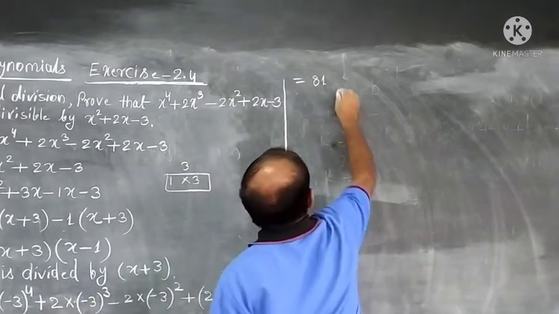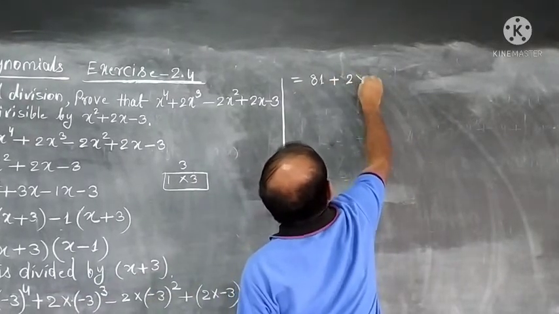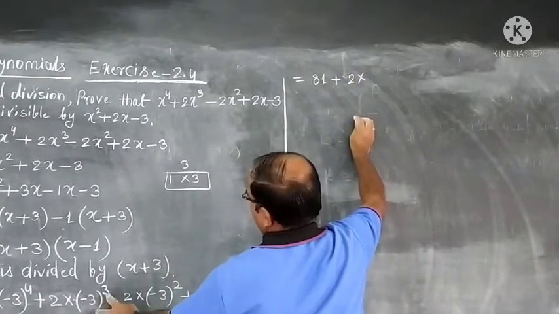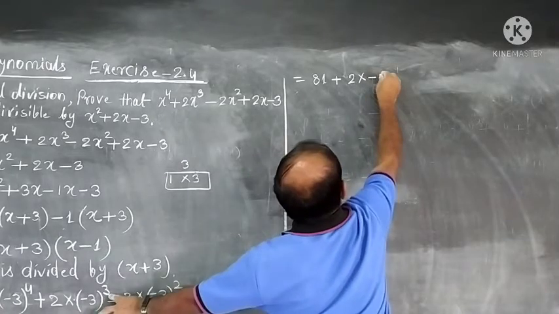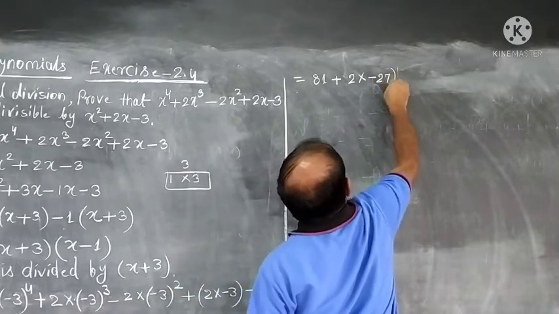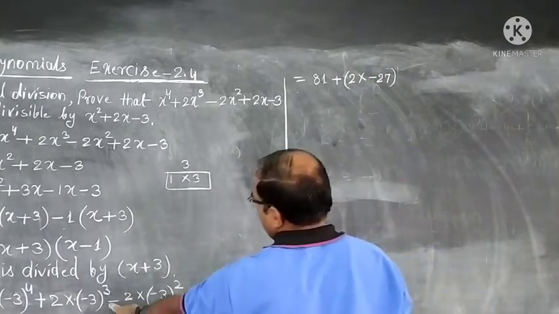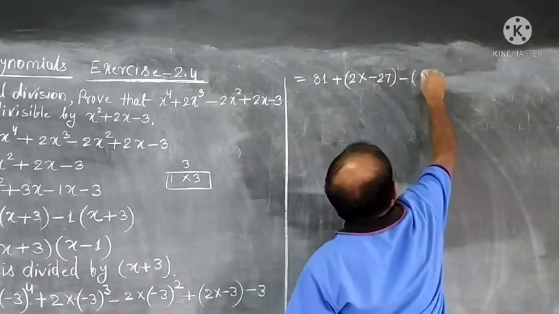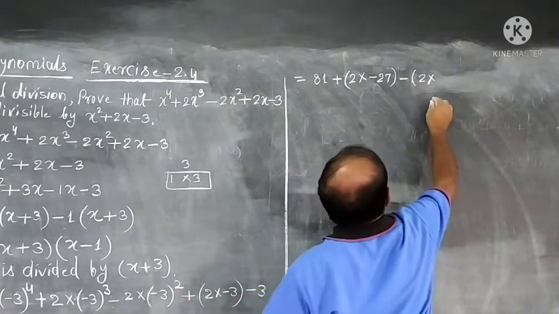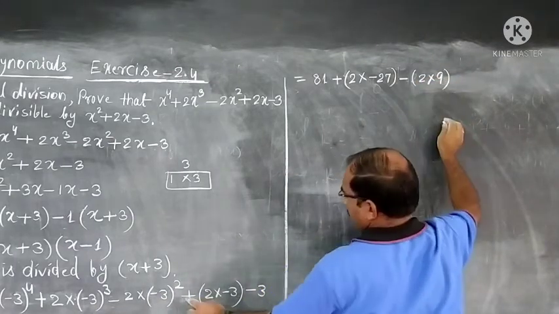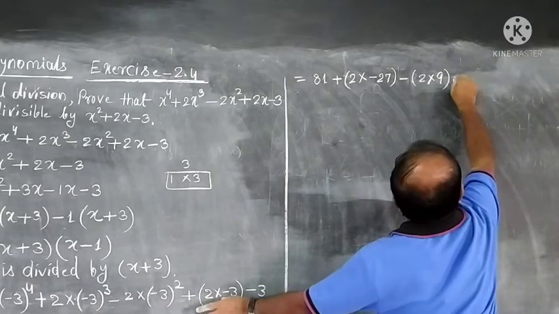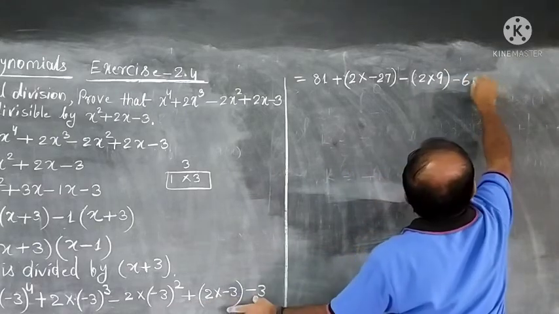Then it is plus 2 into (−3)³; the power is odd, so minus will remain, and 3 cube is 27. We put these inside brackets. Next is minus 2 into (−3)², which will be 9, plus 2 into −3, which is −6, minus 3.